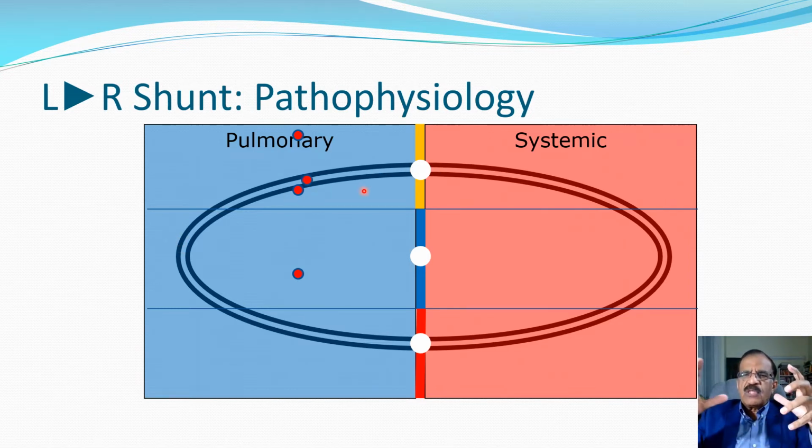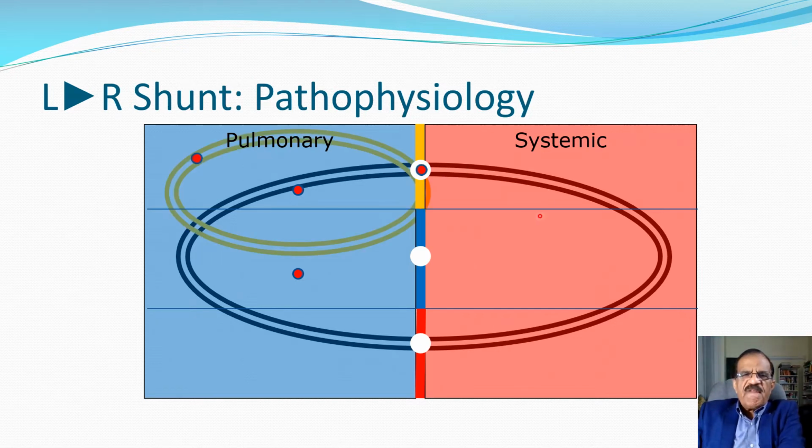Although the systemic bed is much bigger than the pulmonary bed, the volume of blood which passes through the systemic circulation is exactly the same as the one which passes through the pulmonary circulation, minus a small amount which comes from the bronchial vessels. You can ignore that: left-sided systemic circulation equals right-sided pulmonary circulation, and there is no shunting.